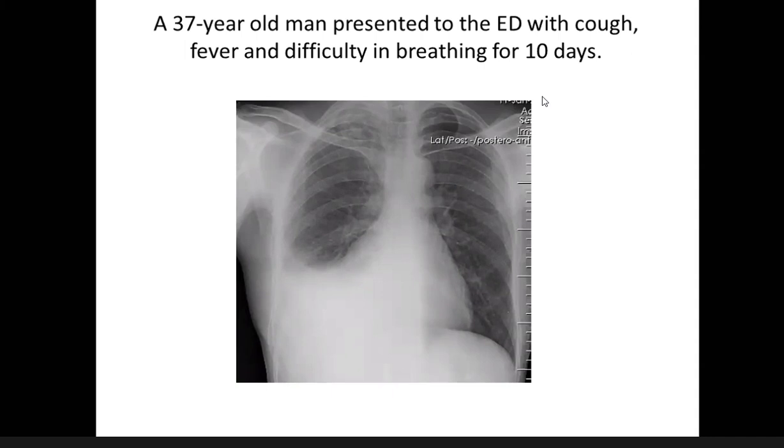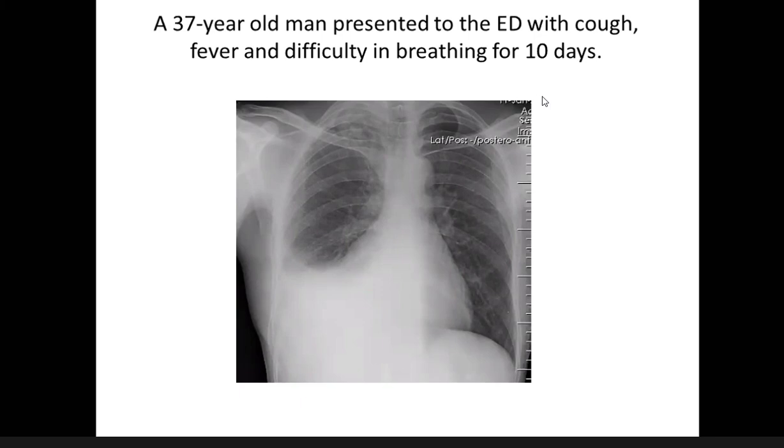No. It's very difficult to say there is consolidation, but you can straight away say there is a right-sided pleural effusion. The costophrenic angle is obliterated, and there is this meniscus sign as well. So the radiological diagnosis, probably without the history, would be right-sided pleural effusion.